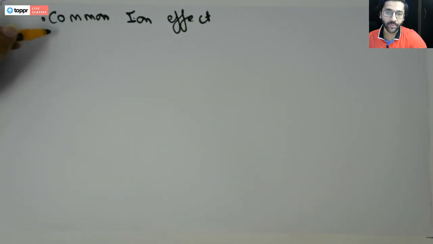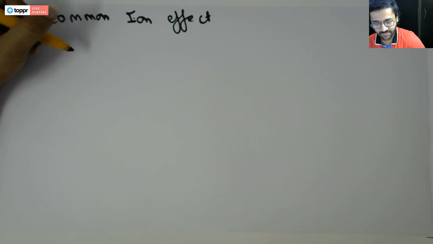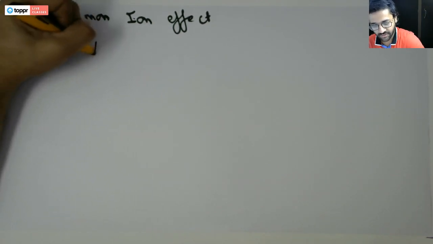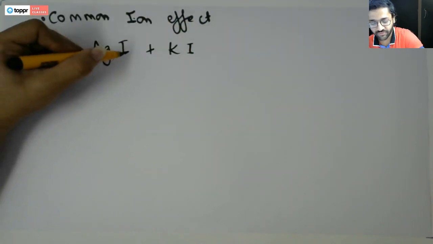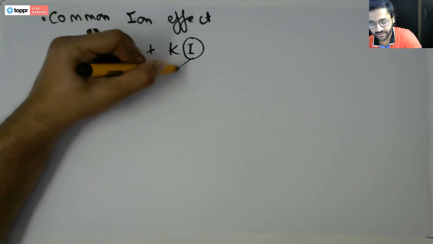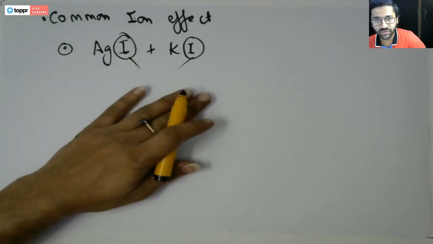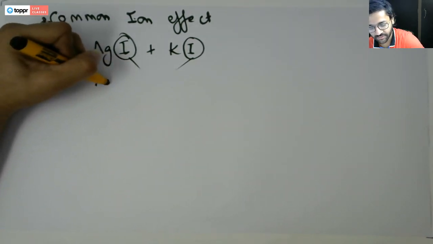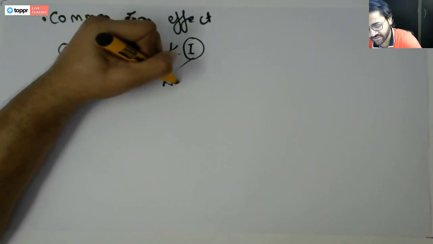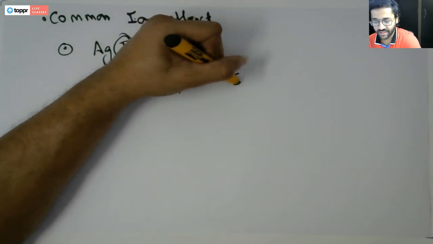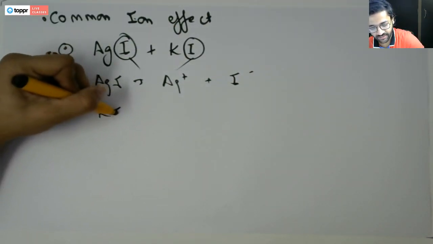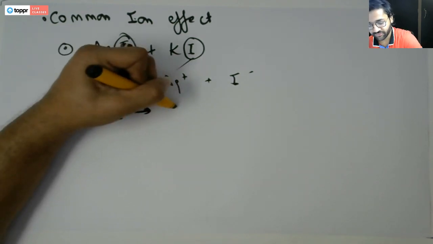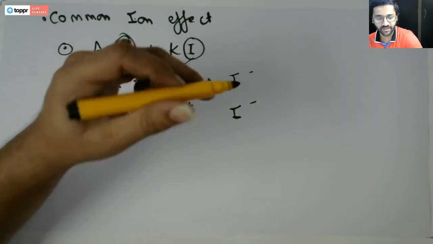What we saw in the last question was that when we have AgI plus KI, this I comes from both the compounds. So AgI breaks down to give Ag plus and I minus, whereas KI breaks down to give K plus and I minus.